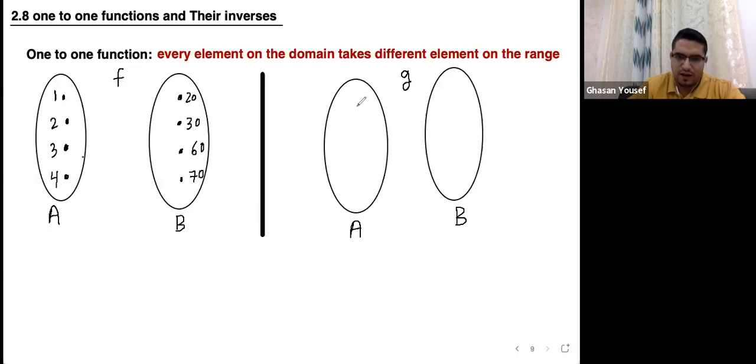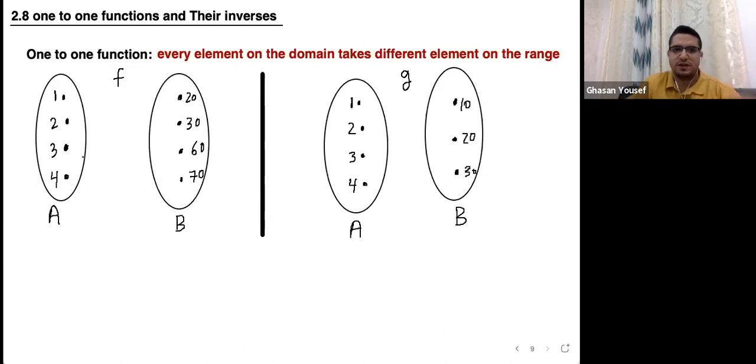Same thing for the second function: I have 1, 2, 3, 4, and the second set has 10, 20, 30.